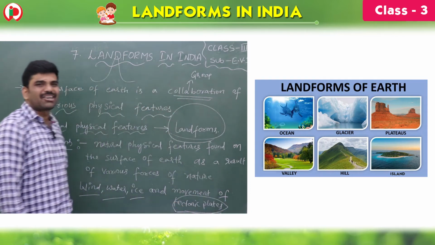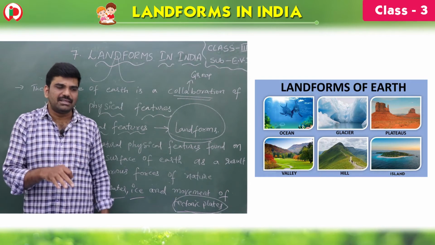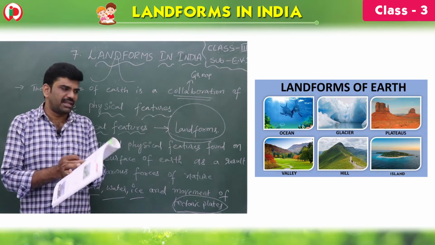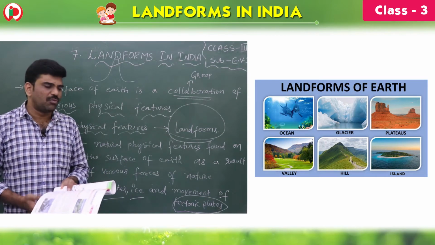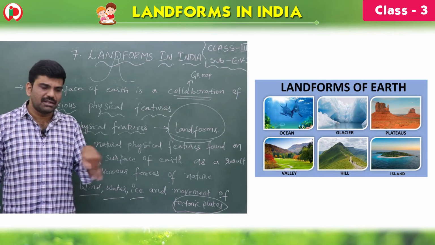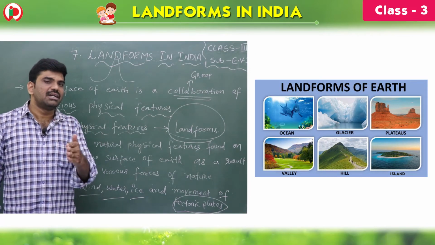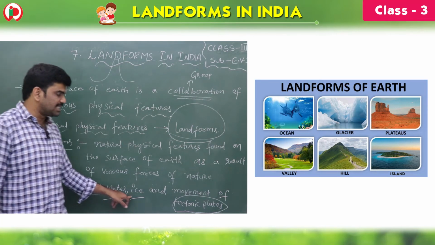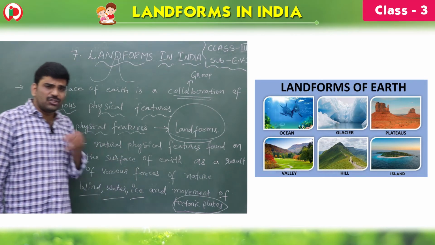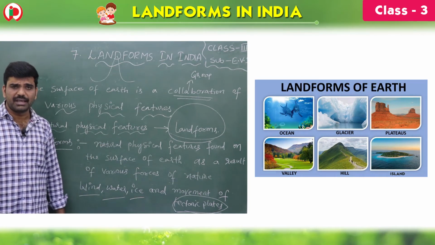What do you mean by tectonic plates? See, the surface of the earth is called the lithosphere. It has so many plates. Plates are the divisions, the partitions. So the earth surface has several divisions, and those are called tectonic plates. So the wind, the water, ice and the movement of tectonic plates, due to these forces the landforms will be formed.